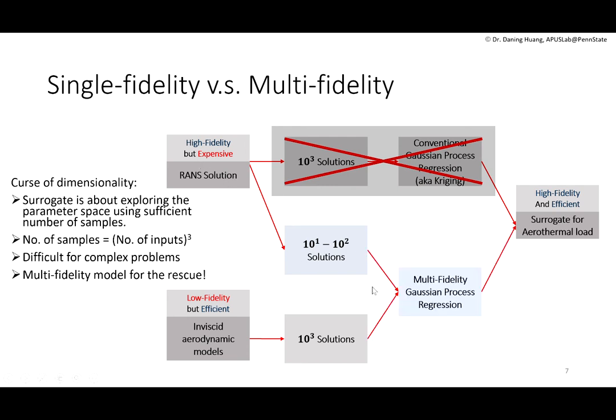And then we use this data assimilation technique called multi-fidelity Gaussian process regression. This mixes these two sets of data and again generates a high fidelity and efficient surrogate for the aerothermal load that we are looking for. And in this process, we basically almost eliminated the cost of the expensive RANS solutions, and yet still are able to achieve a result as if we were using 1,000 expensive CFD solutions.